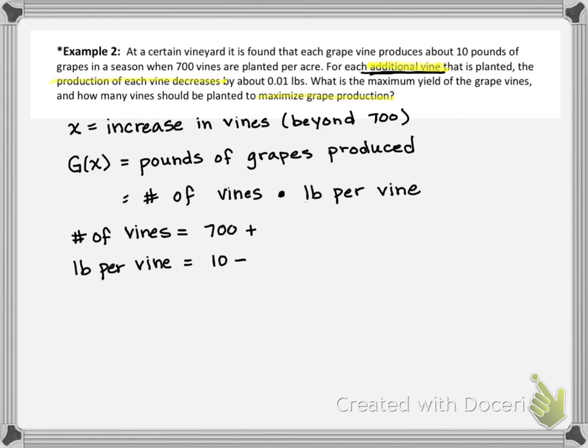How much is the number of vines going up by? X, because we said from the very beginning that the increase in the number of vines I plant is going to be X. So my new number of vines is 700 plus X. And every time we do that, we lose 0.01 pounds per vine, so 0.01 times the number of vines we've increased by.